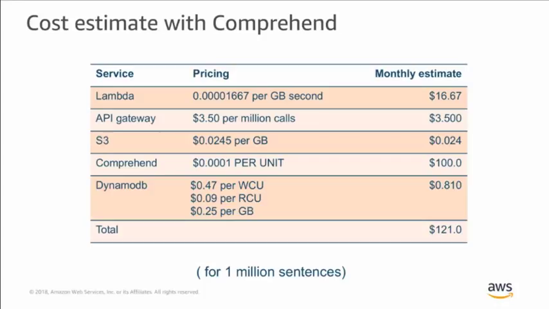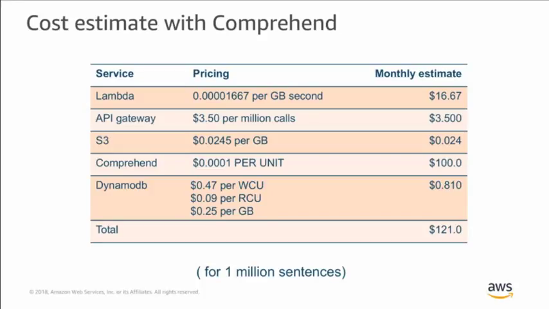Right? If you notice, the biggest cost here is Comprehend. That's because it's a deep learning service. It uses GPUs and so on. But Comprehend is used only once on a sentence, right? So let's say you have a text and you want to run Comprehend. You make an API call, and once you get the result, you store it in DynamoDB.